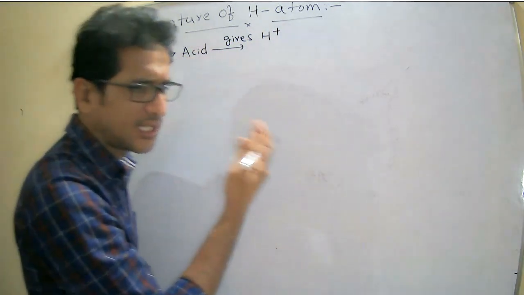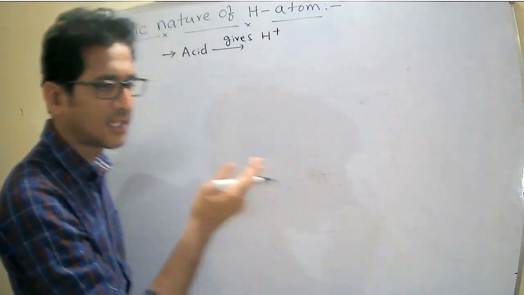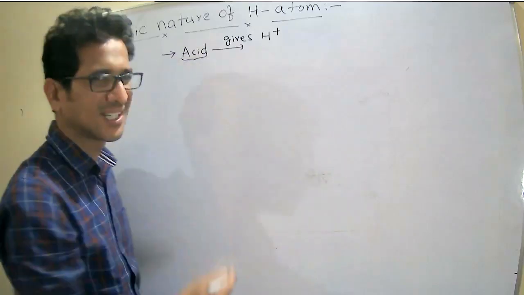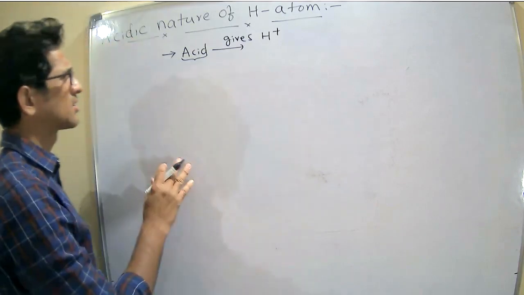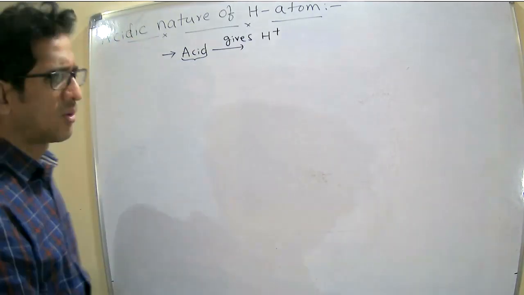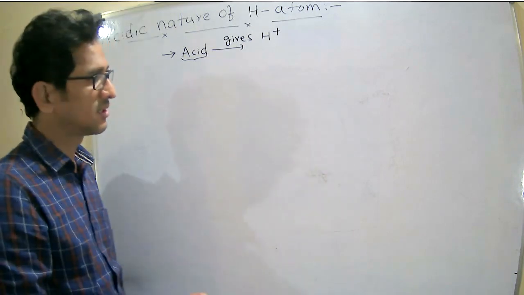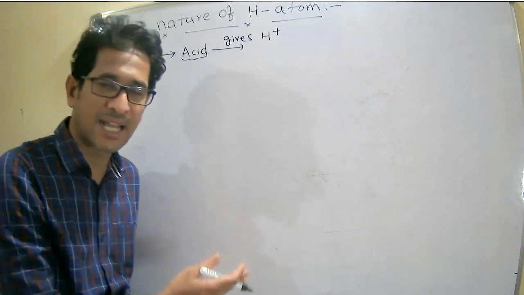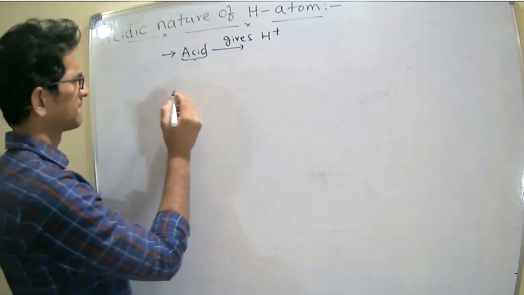If it gives it readily, it is a strong acid. If it gives it slowly, it is a weak acid. So that depends on the strength, whether it is a weak acid or strong acid. Now, based on which factors can you find out whether the given acid is a strong acid or weak acid?